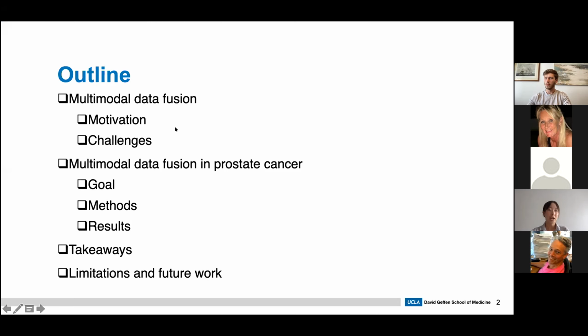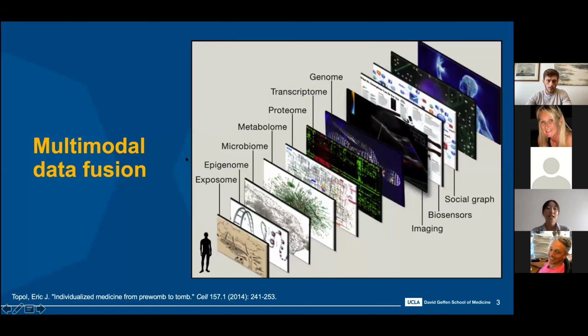So I'll be talking about the concept of multimodal data fusion first, and then I will talk about our work in prostate cancer, and then conclude the talk. So as we know, there's increasingly abundant biomedical data with different modalities, such as omics and genomic and imaging data. You can see in this figure.